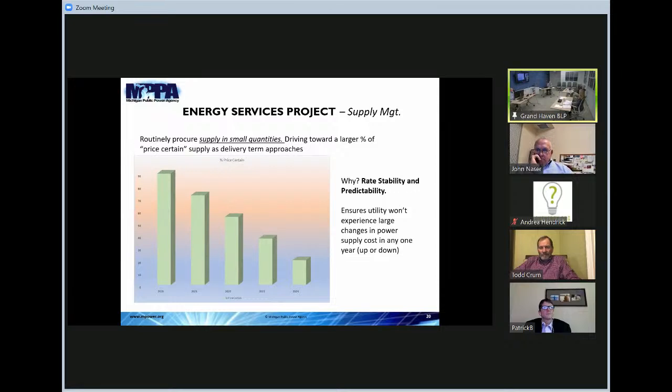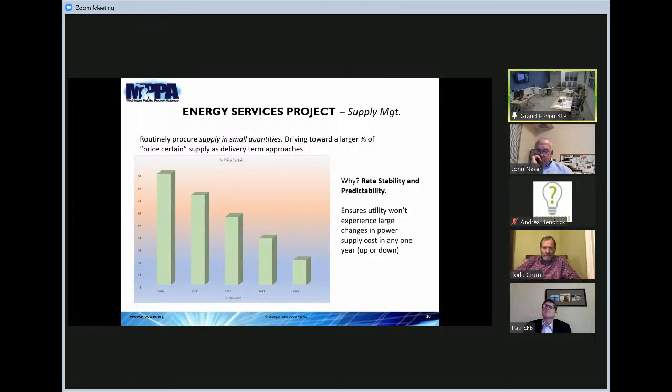So by buying very, very small pieces, we can actually get a portfolio built with very, very little risk because all of these pieces that we're buying are very, very small.